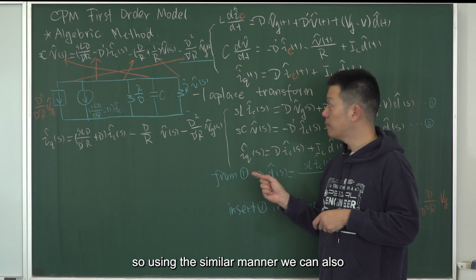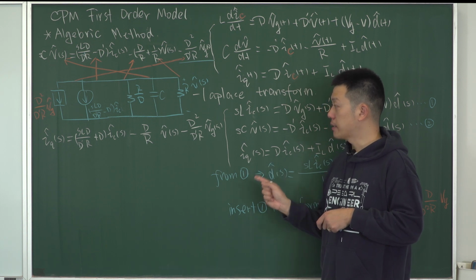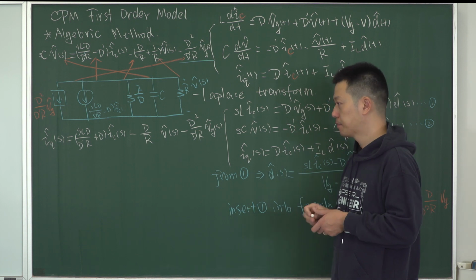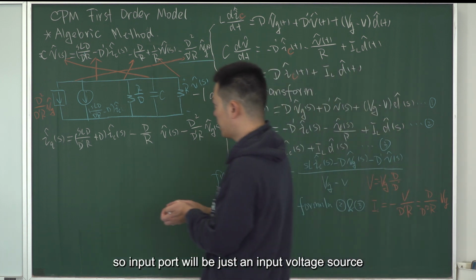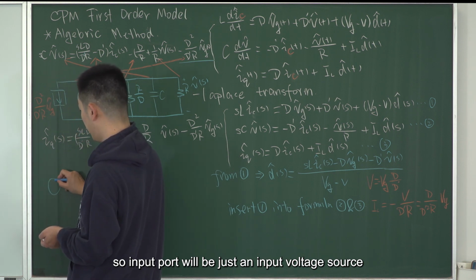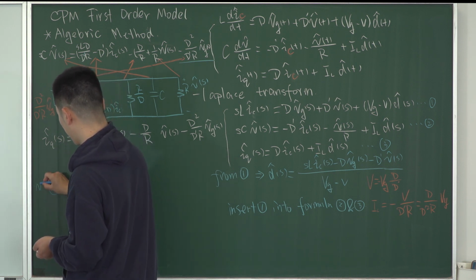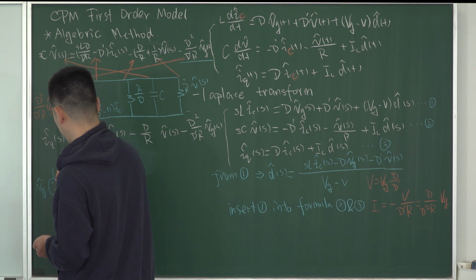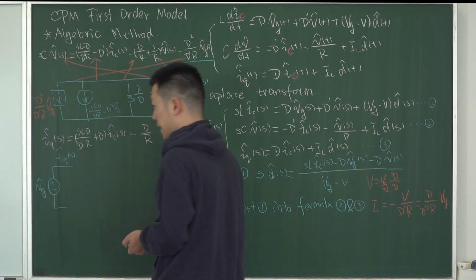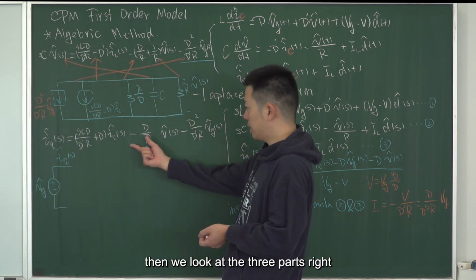So using a similar manner, we can also establish its small signal circuit model. So the input port will be just an input voltage source. And its current is denoted as IQS. Then we look at the 3 parts, right?